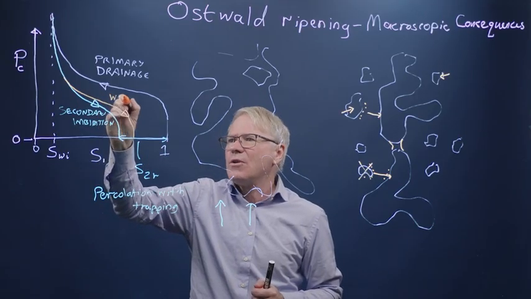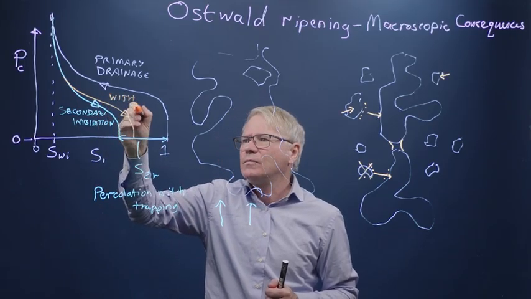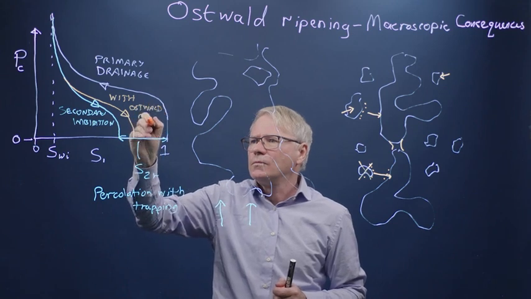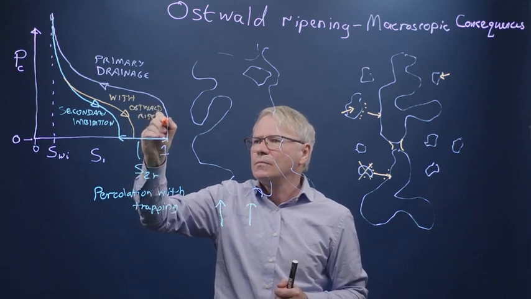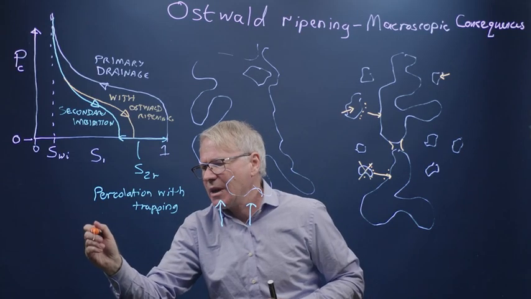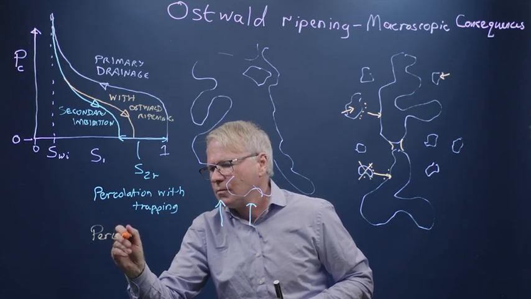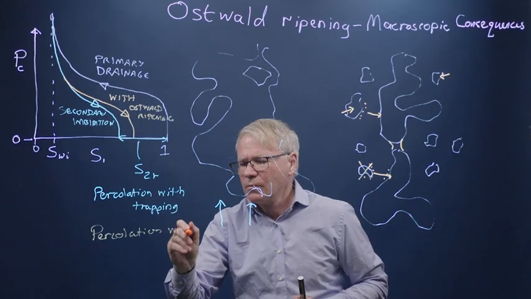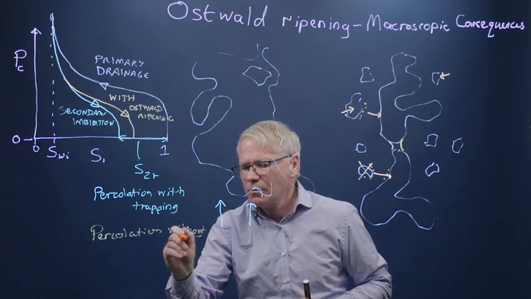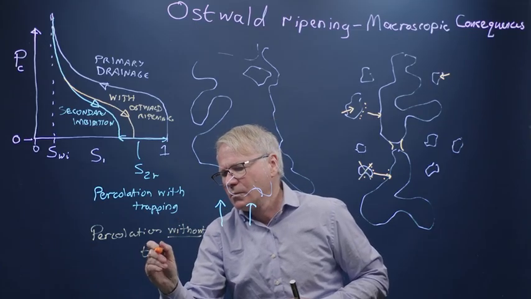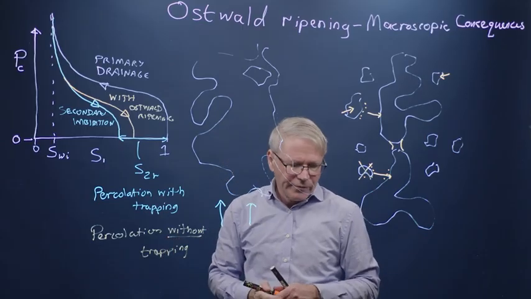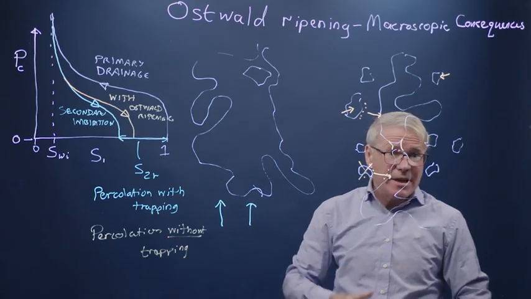So this is with Ostwald ripening. And this is percolation without trapping. So it's an easy model.